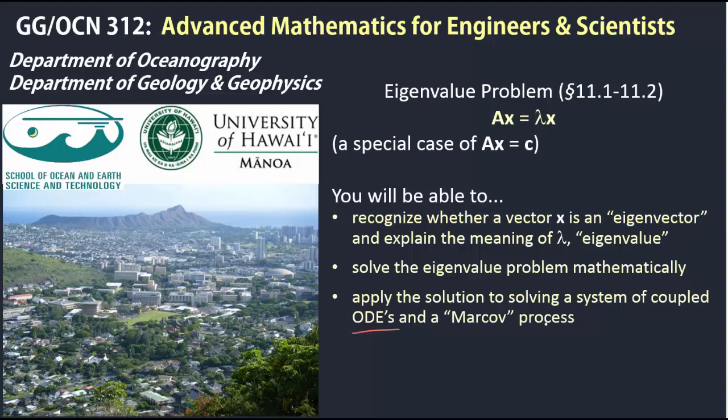Now let's look at the second example of a Markov process. And a Markov process describes the state of a system.